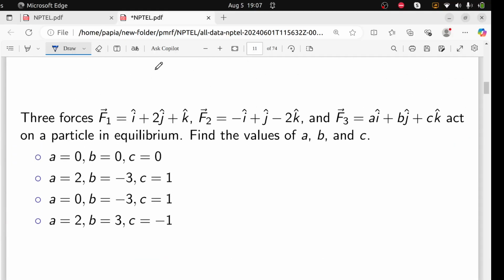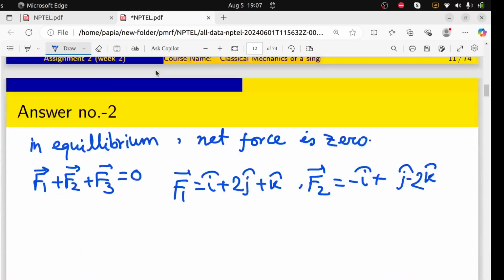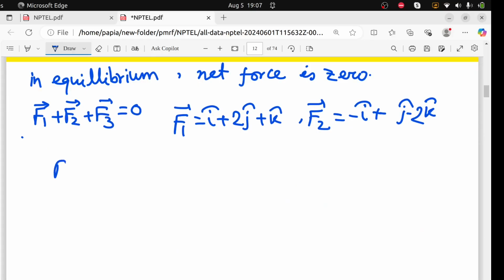Minus 2, right? Yes. A, B, C. And F3 equals A I cap plus B J cap plus C K cap. So they are asking what will be the value of A, B and C.